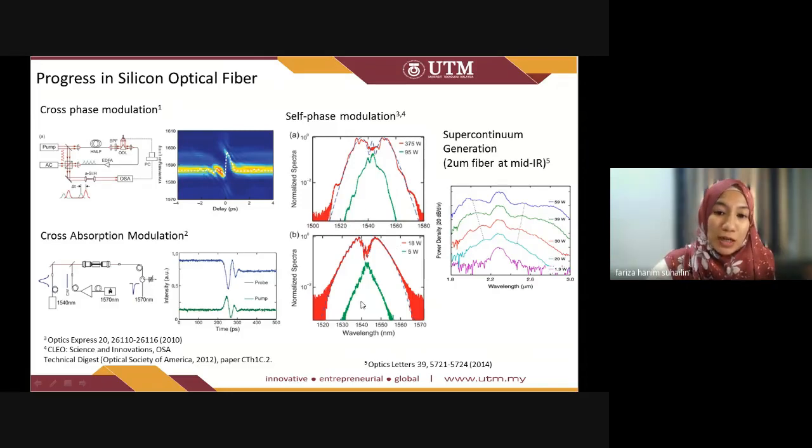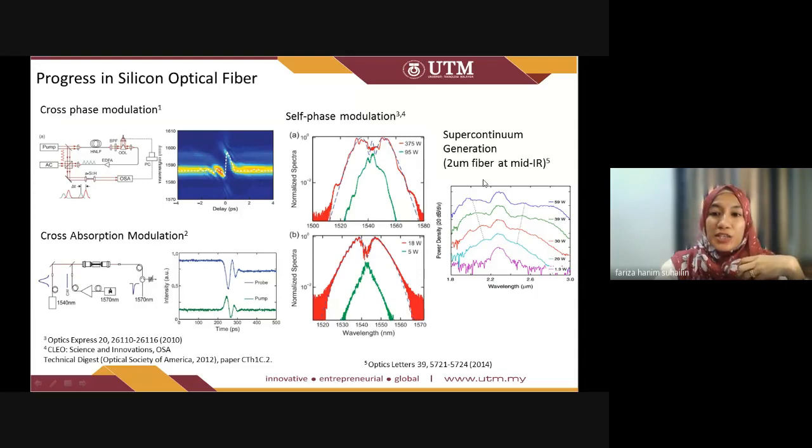When we use a smaller core around 2 micron, the confinement is very tight, with very high intensity and highly nonlinear materials, so that we can lower the threshold for nonlinear observation.